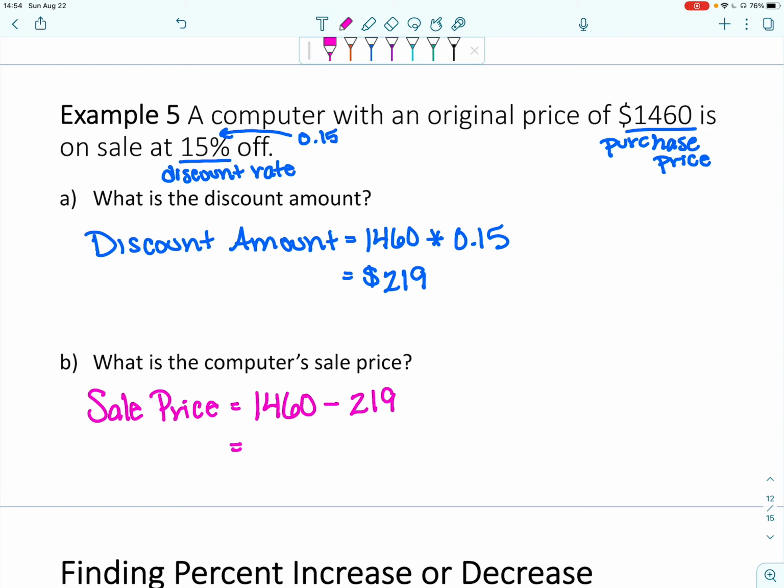So $1,460 minus $219. And now this computer, instead of being $1,460, is discounted down to $1,241. But then you would still have tax on top of that. So sales tax gets added onto the purchase price, a discount gets subtracted from it, but then you do still have to think about sales tax after the discount.